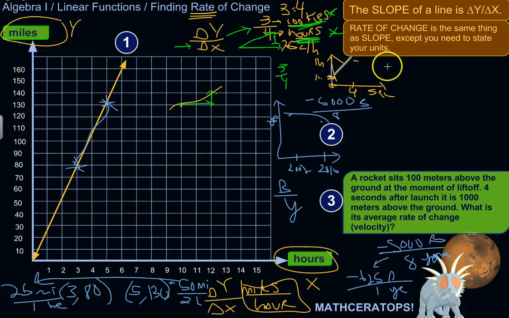So what's our change in y? Our change in meters. So we went from 100 meters to 1,000 meters. So that's a change of 900 meters. You've gone up 900 meters over what time frame? Over 4 seconds. Right? So 900 meters in 4 seconds. This is kind of sloppy, sorry.